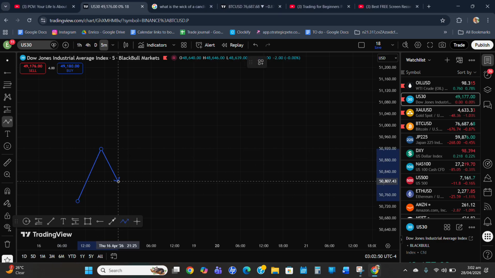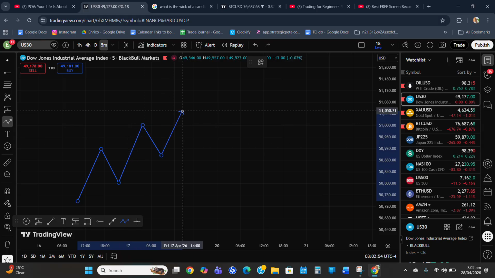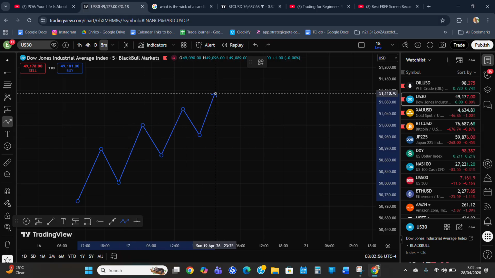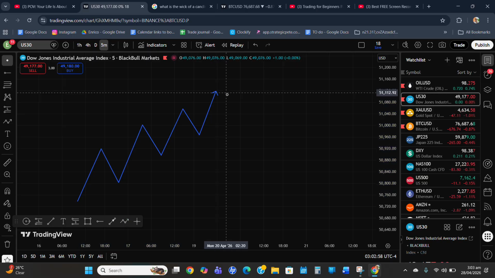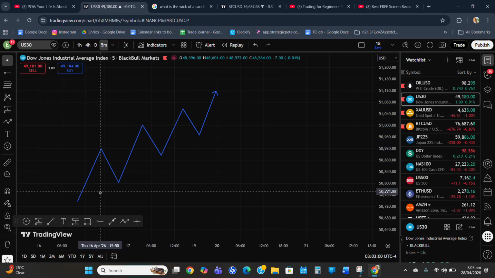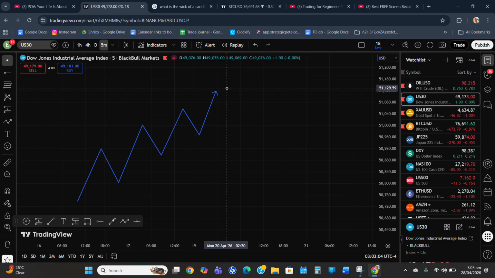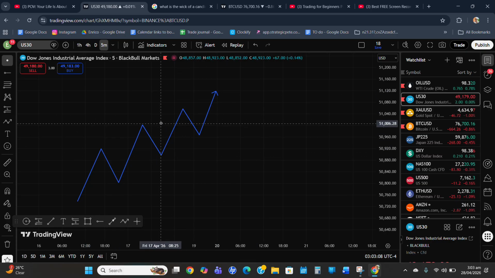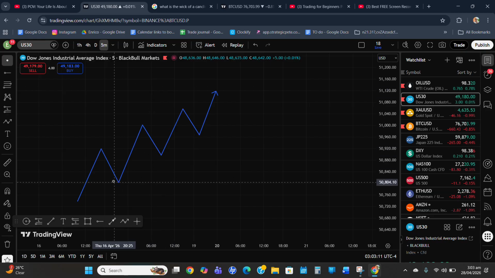This would be an uptrend, right? Trends usually look like that. As you see, we are continuously going up, not really breaking this structure. There are certain labels we include as well.